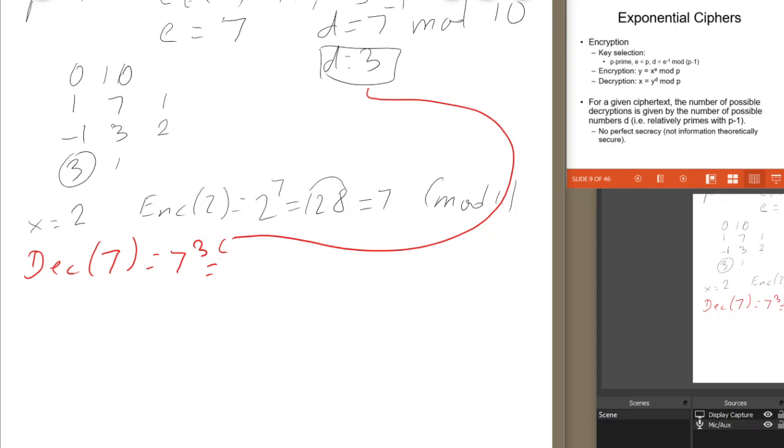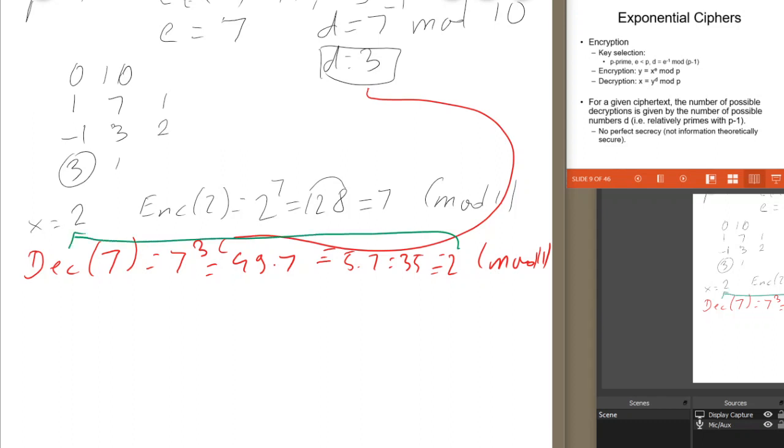It's equal to 49 times 7, which modulo 11, 49 is 5 times 7 is 35, which is congruent with 2 mod 11, and we have retrieved back our message.